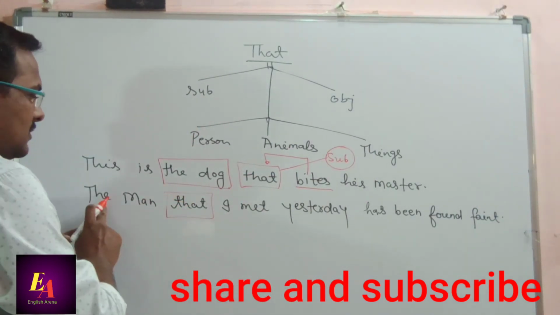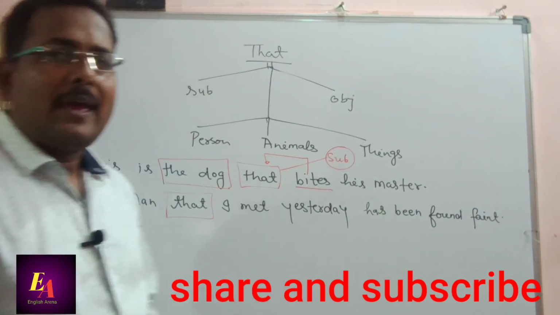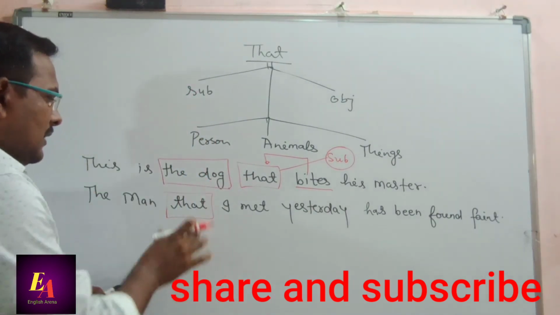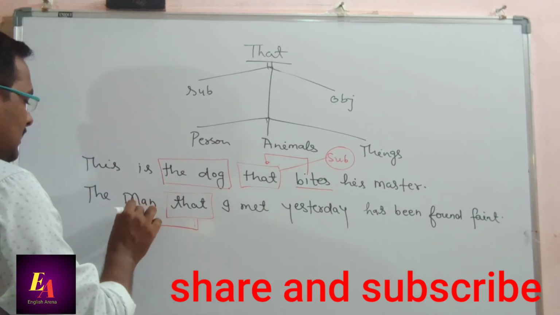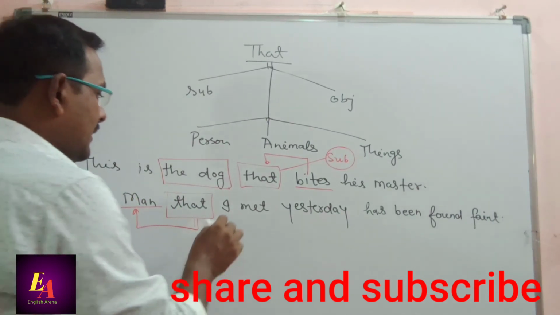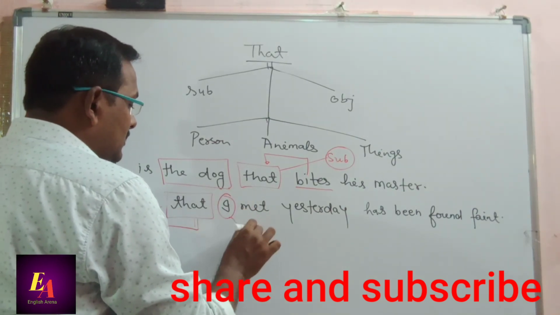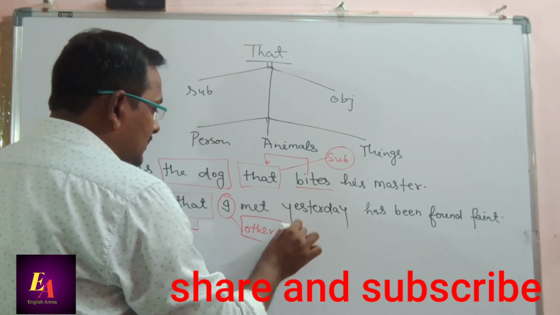In the second sentence, the man that I met yesterday has been found faint. Let's see here that, and before that this is the antecedent, the man, and here I is the other subject of the sentence.